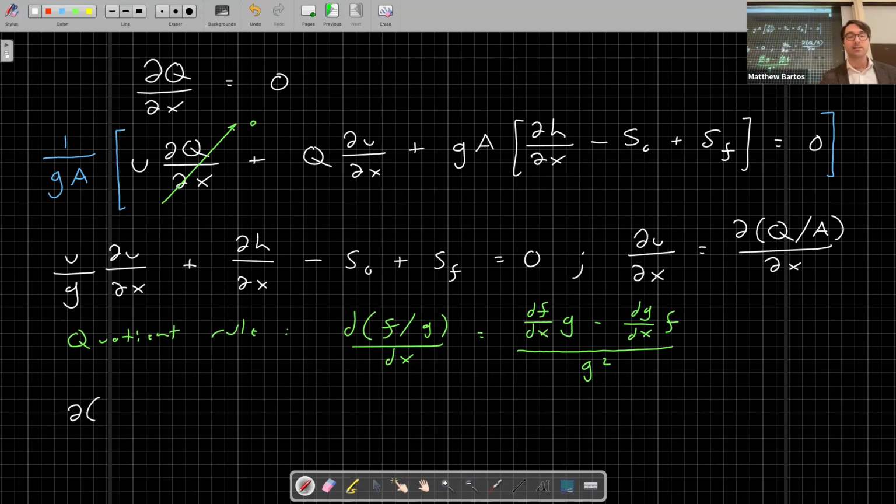And we will get d of q divided by A by dx is equal to, okay, so let's apply the quotient rule.